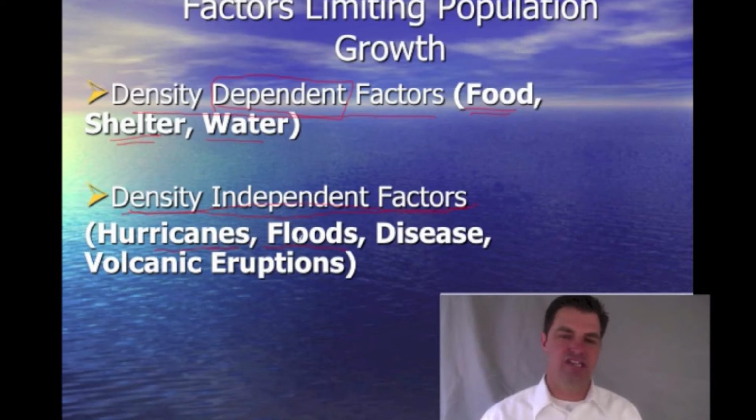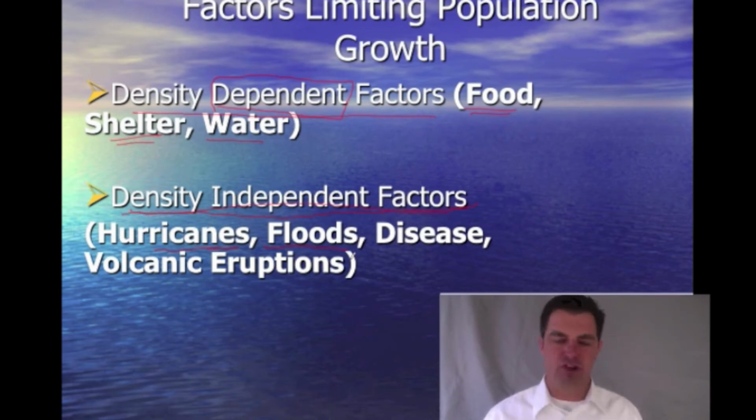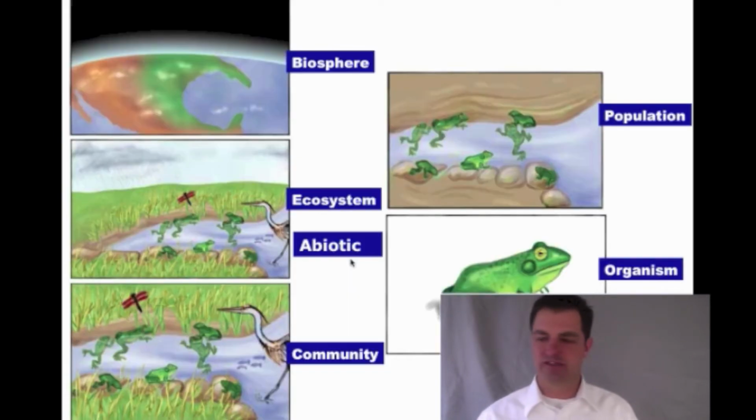The hurricane itself or the flood itself, whether you have 10 people in a population or 100,000 people, the idea is that the flood will come in and maybe wipe out a certain percentage of the population, and it doesn't really matter how big that population is. The flood itself has sort of the same effect in its direct nature.